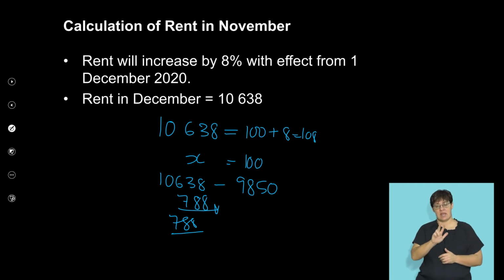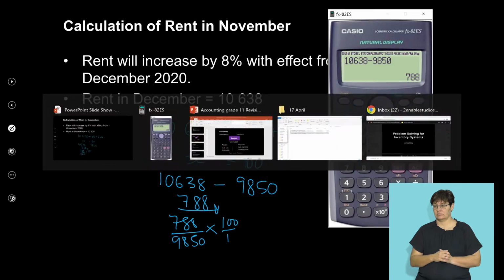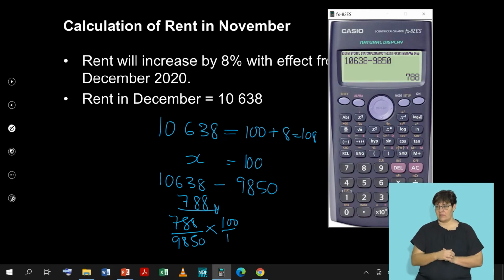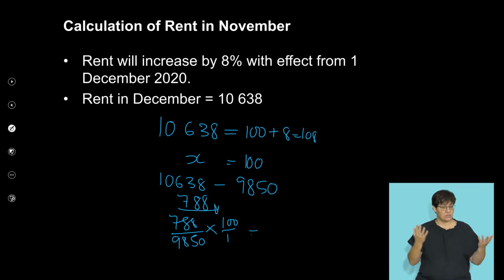Your old rental was 9850, and then you express it as a percentage. So this is what we do. Take your 788, times 100, divided by 9850, and this will give you a figure of 8%. In other words, it means that your rental increased by 8%.